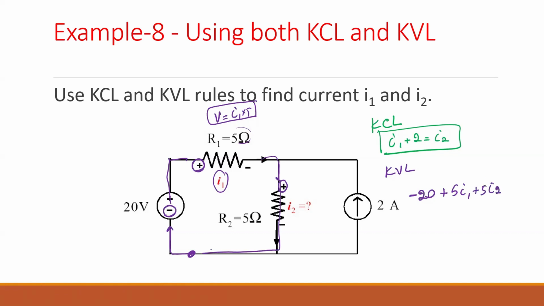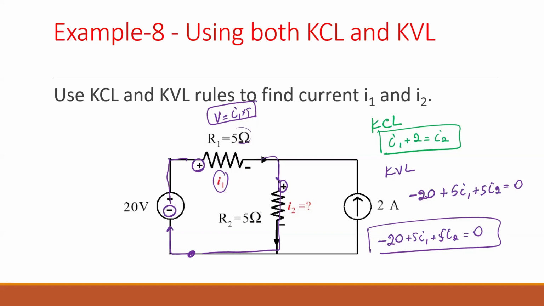And coming back to the start point, and this is equals to 0. Agree? So we have another equation here, which is negative 20 plus 5I1 plus 5I2 is equals to 0. This is applying the KVL to this loop here.